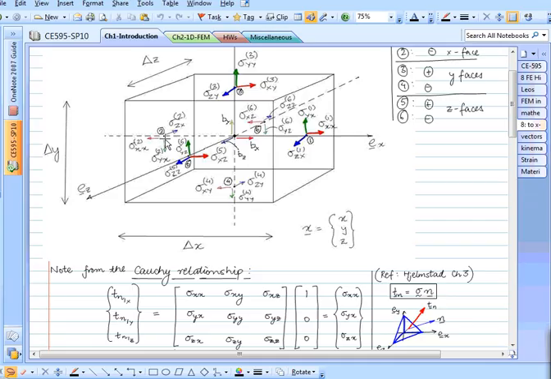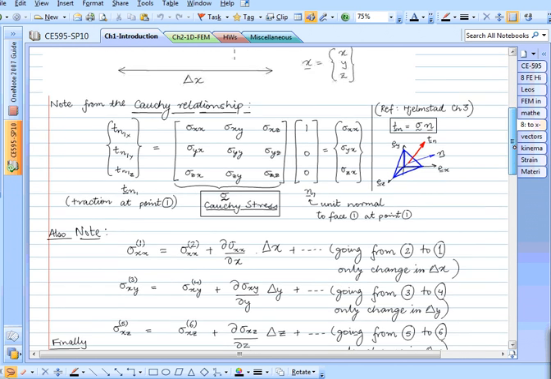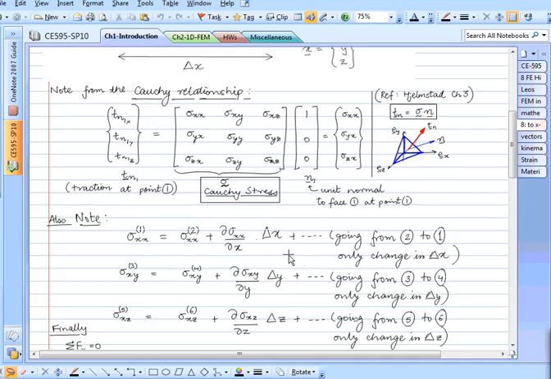In the middle point, there is sigma xx2. Going from this middle point on the back face to the middle point of the first face, the change is delta x. So using a Taylor series expansion, we can express this relationship, and we are going to neglect the higher order terms. There are no terms with delta y and delta z because there is only change in x going from 2 to 1.